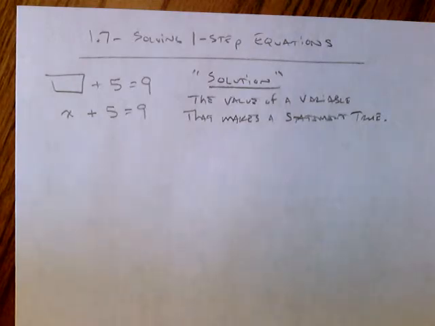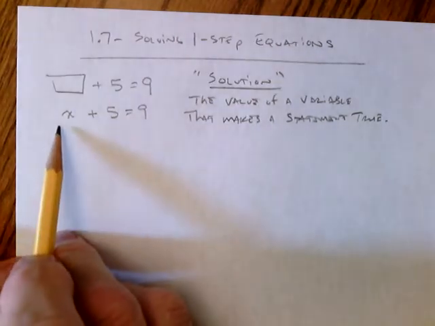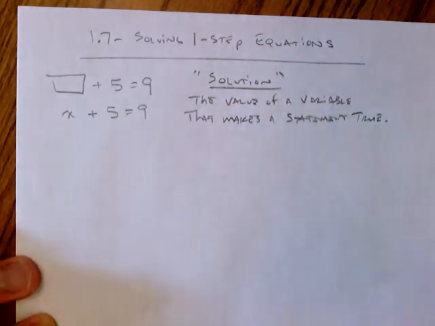So when we use solution outside of class, we usually just mean it to mean the answer. In algebra, it has a specific meaning. What is the value of the variable, in this case, X, that makes this statement true? So how do we go about doing that?